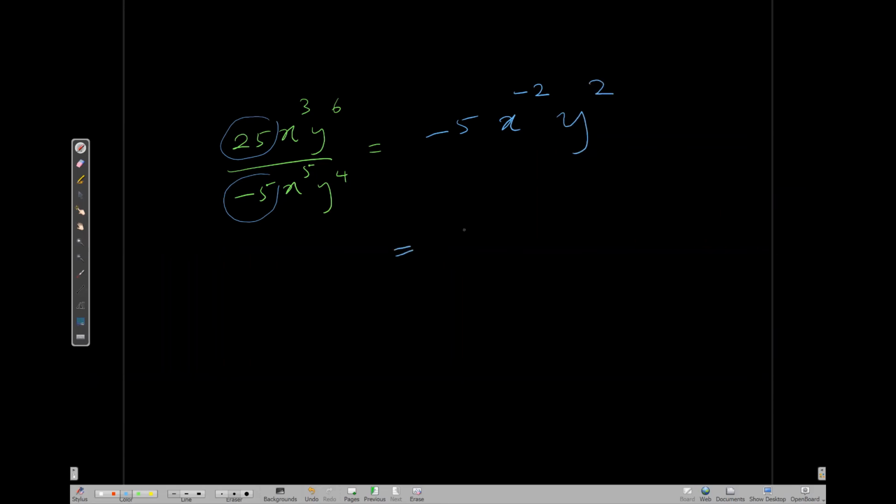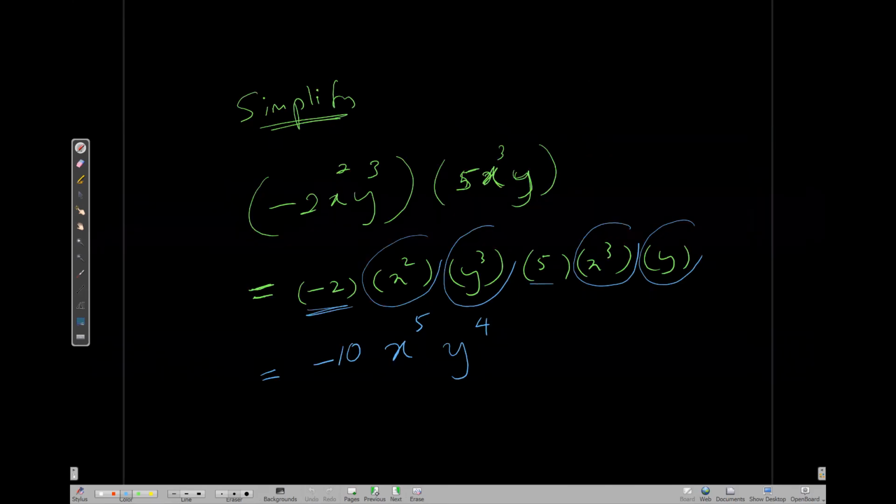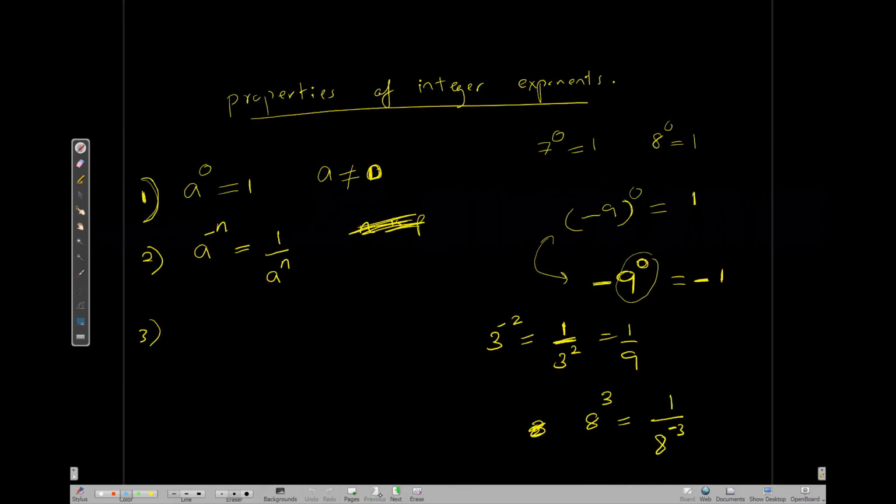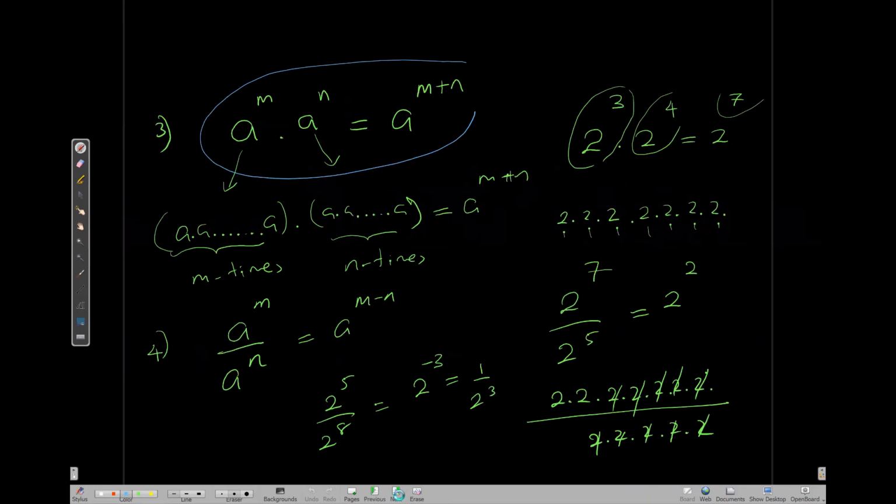A much better way of writing this: -5 y squared, and x to the -2 can be written in the denominator as x squared using this property. Actually that's a combination of a few properties, this and that one.